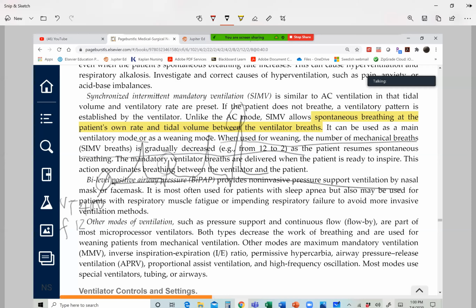Let's go to the other modes. Bipap. Remember last week we talked about this as a setting. It is also a mode on the vent. You can use the vent as a Bipap.